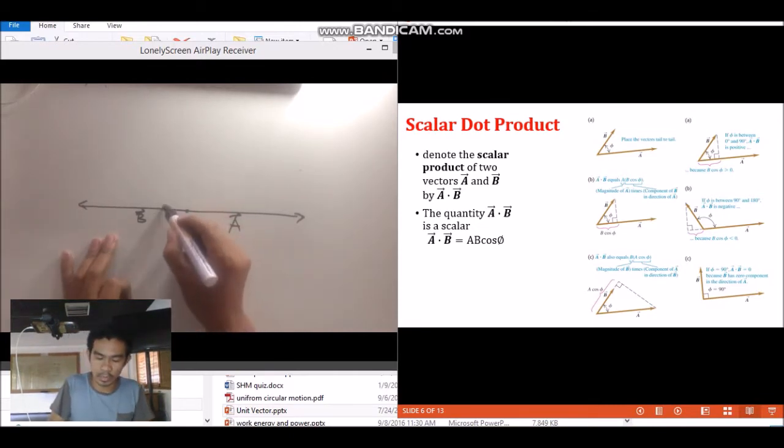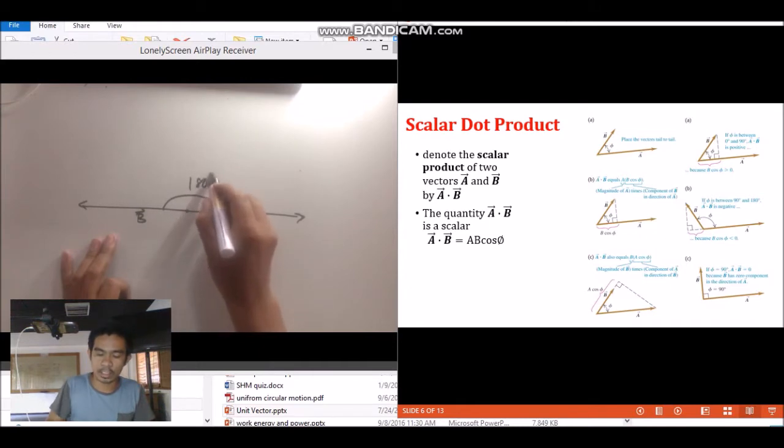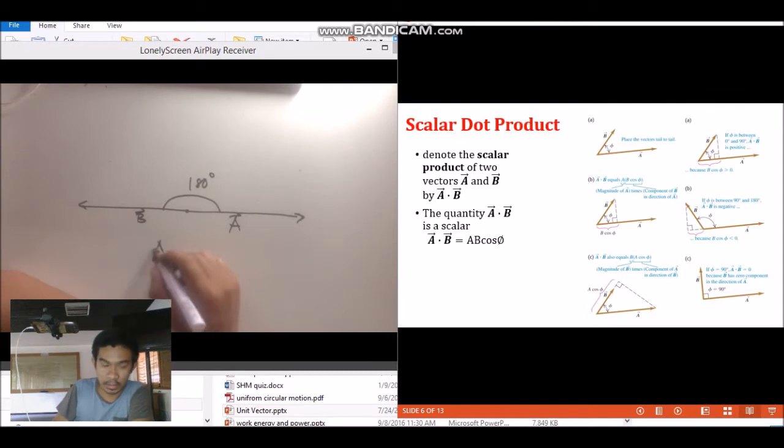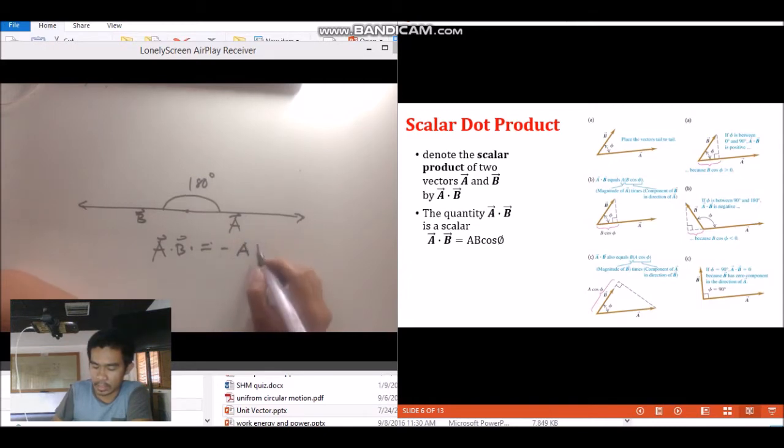So what's the angle between them? That's 180 degrees. Right? What is cosine of 180? That's -1. So the dot product of vector A and vector B is negative, equals negative AB.